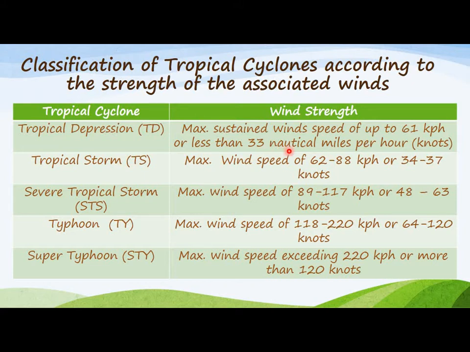The nautical mile, or knot, is a unit used for measuring distance at sea.